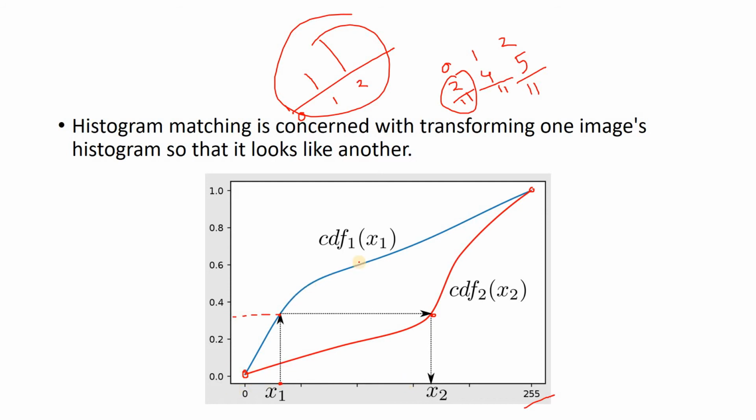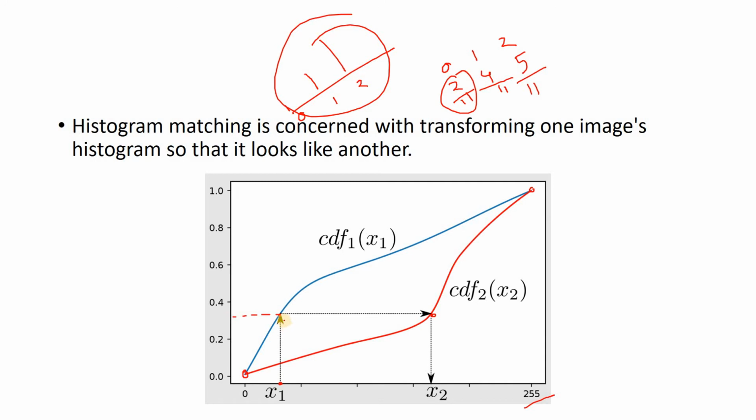For our original image, the cumulative distribution function is this blue color. For the reference image to which we need to match the histogram, the cumulative distribution function is this red color. So suppose we consider this x1 pixel; we need to change this pixel intensity such that the overall histogram matches.